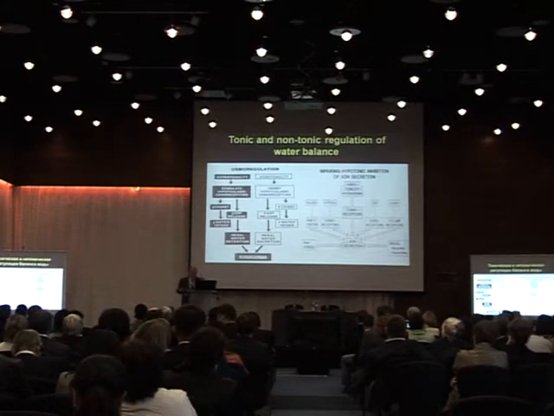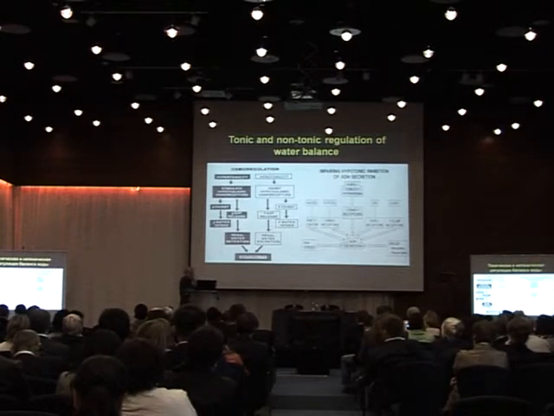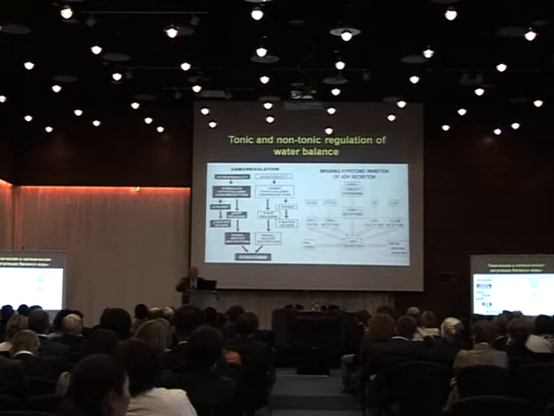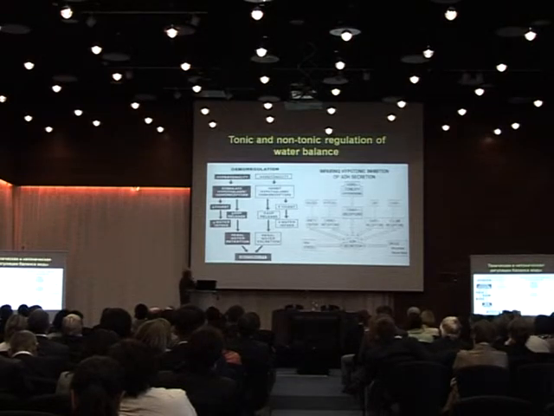Most of the cases of hyponatremia, forget about this system. Because despite being hypotonic, most of these cases still have vasopressin. How is that possible? If that system would work, if they are hypotonic, they should have no vasopressin.